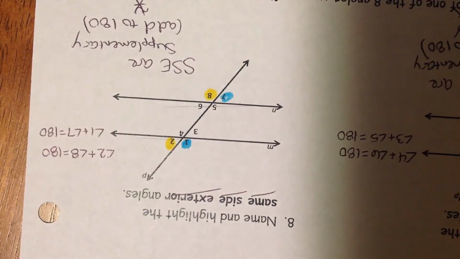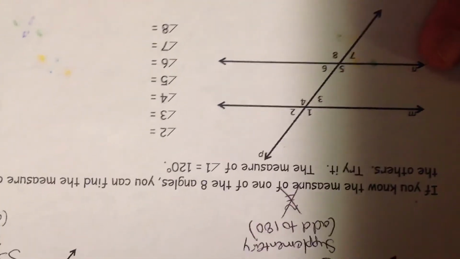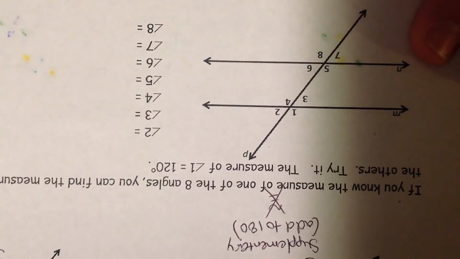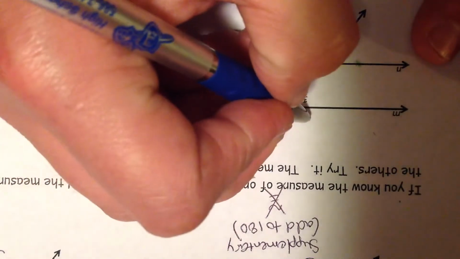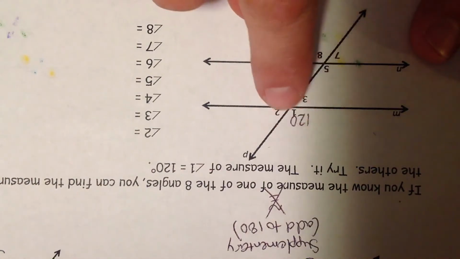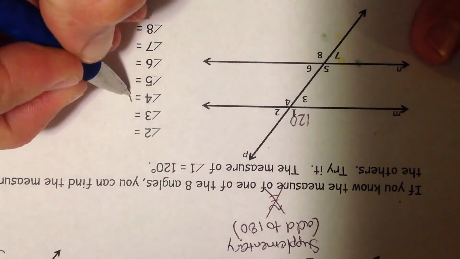Alright, now let's try a couple of problems here. It says if you know the measure of one of the 8 angles, you can find the measure of all of the others. So if they're telling us angle 1 is 120 degrees, angle 1 and angle 4 are vertical angles.